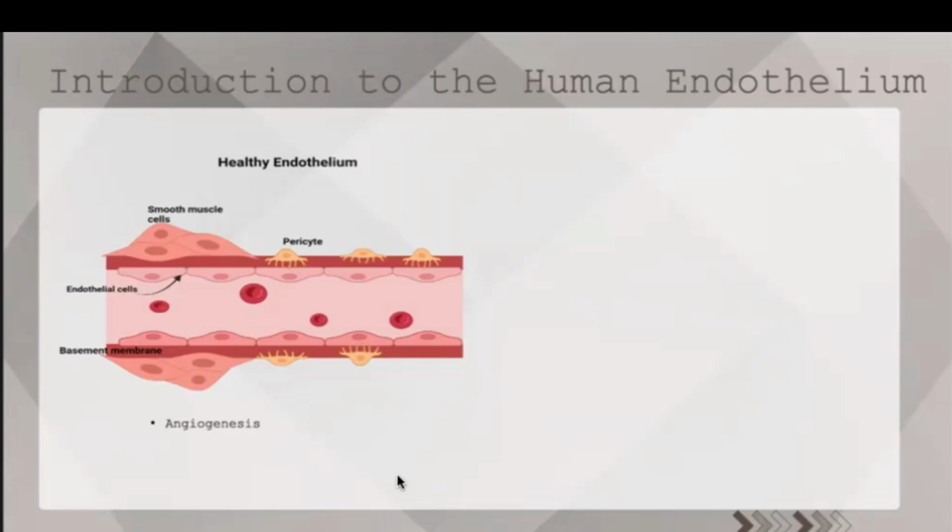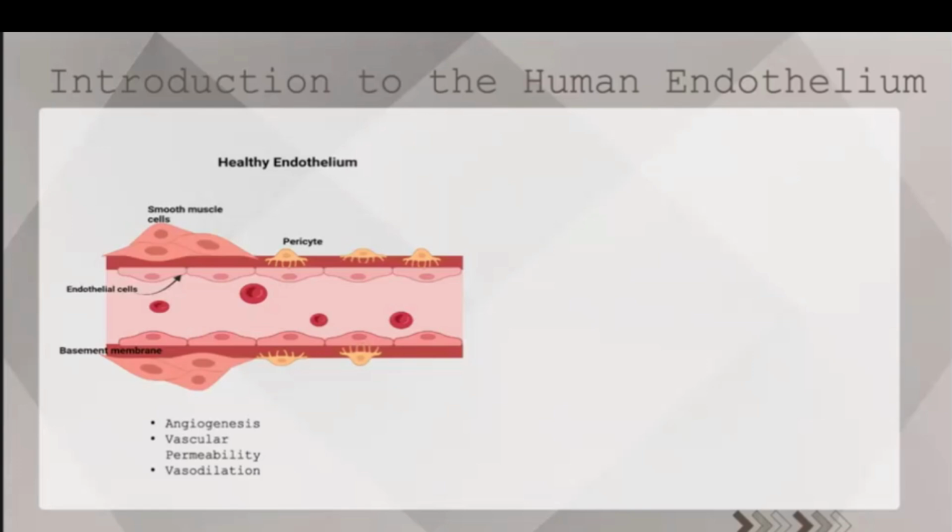And this ensures that there's tightly controlled vascular permeability, which are adherent proteins between the endothelial cells that control what gets into the bloodstream. And so the endothelium secretes different factors such as nitric oxide that are used by the smooth muscle cells. And this is important for the vasodilation of the blood vessels.